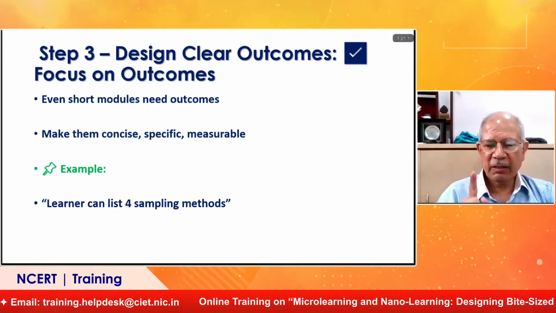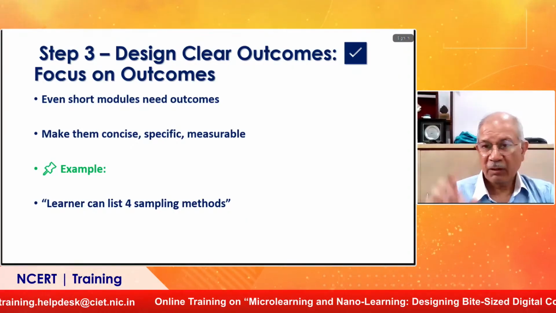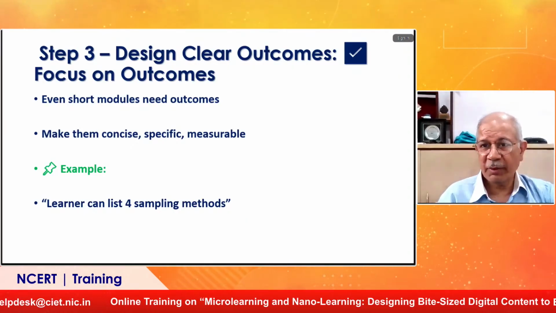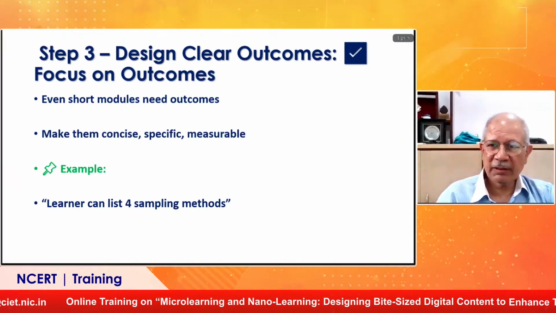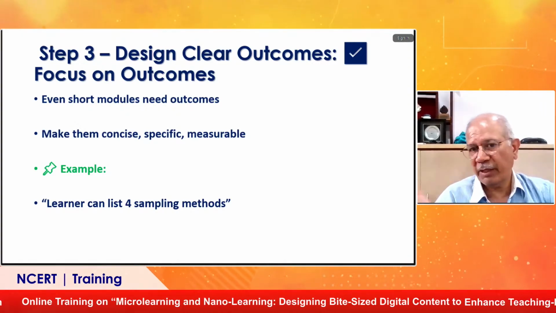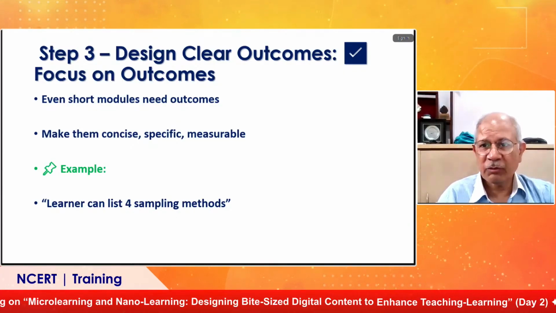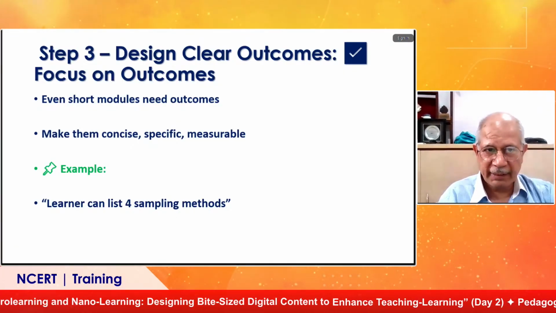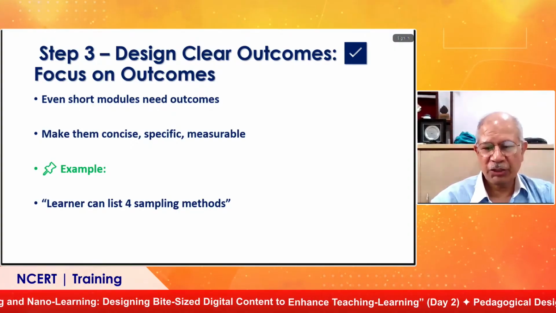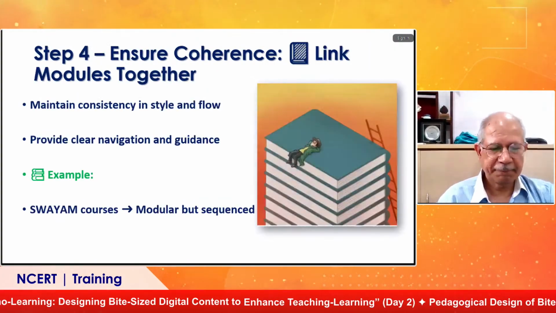So make our outcomes measurable, concise, and achievable in the time frame. So we can say that, okay, if you can tell me within 5 minutes 4 kinds of sampling methods, and if you are able to do that, we mean that the outcome has been achieved.